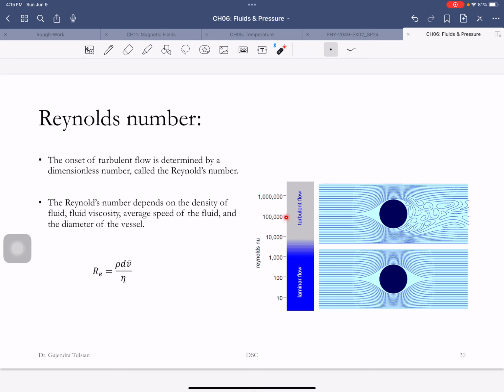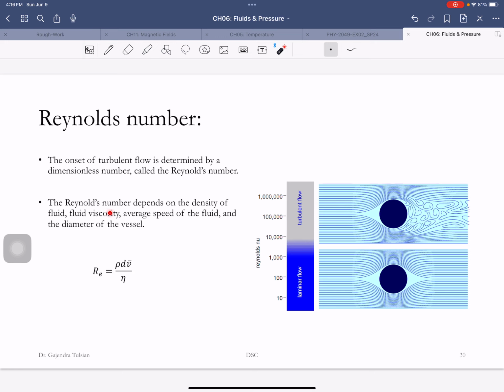And above this Reynolds number, flow becomes turbulent. And the drag, so for instance, if this was an object flying through air with turbulence, it's facing a far greater resistance than this one would be facing.